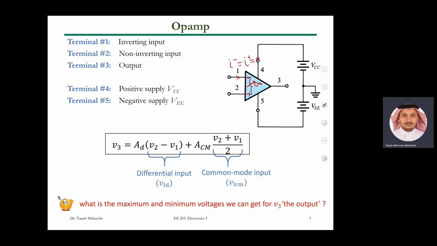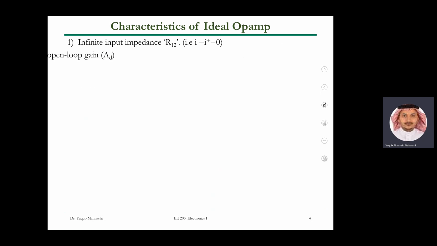By the way, this is an ideal characteristic. It's not the real characteristic. There is an impedance, but it is a high impedance, so we can imagine that the current is almost 0. It just simplifies our analysis. So this is the first feature, the infinite input impedance. Guys, the op-amp has infinite input impedance.